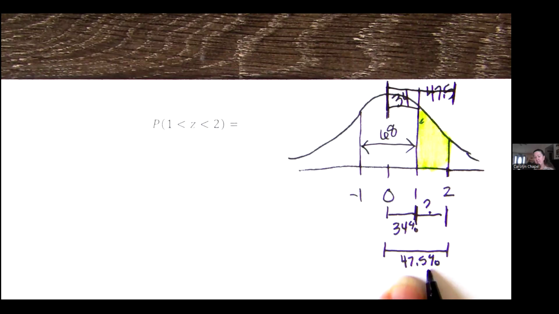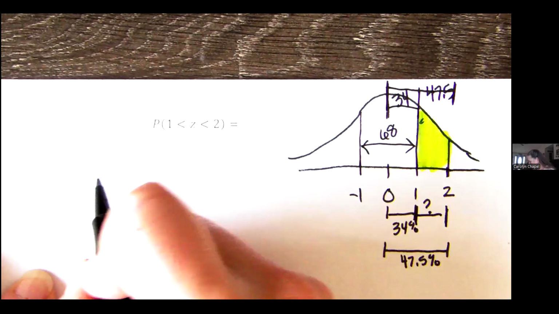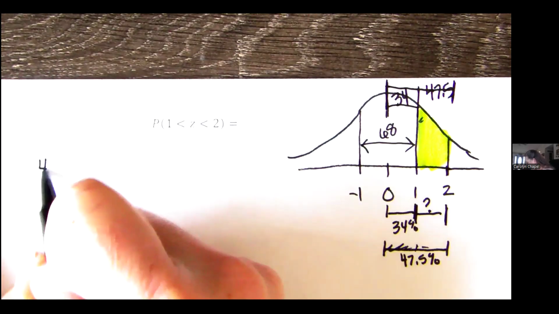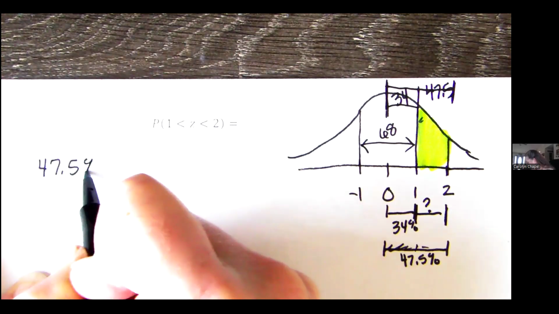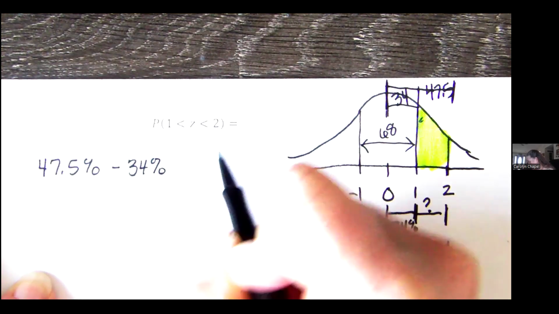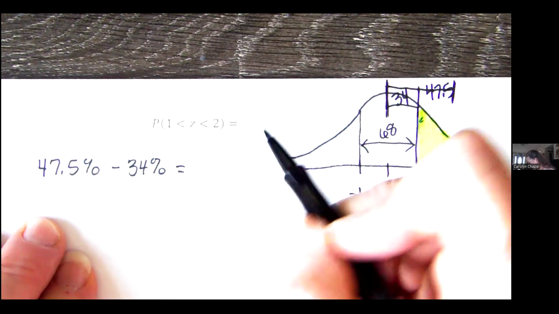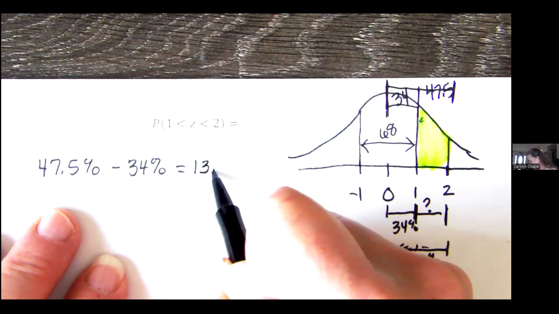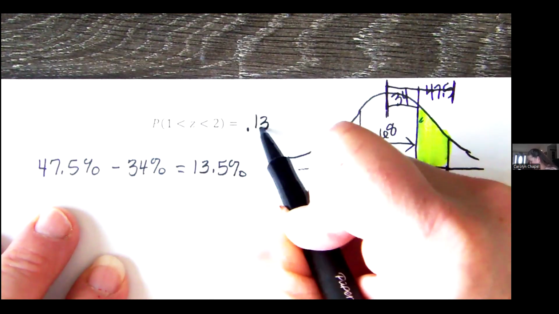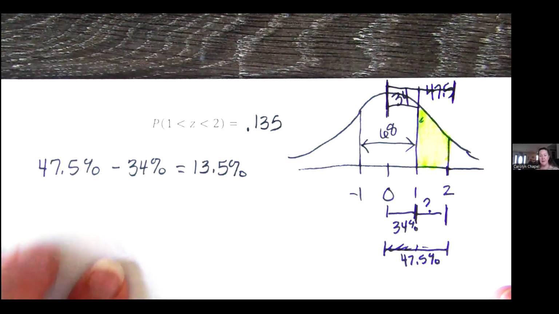We have to actually subtract, because if I take this and get rid of this part, I will have that piece left. So we're going to take that 47.5%, subtract my 34%, and I come up with 13.5%, or 0.135 in terms of a probability.